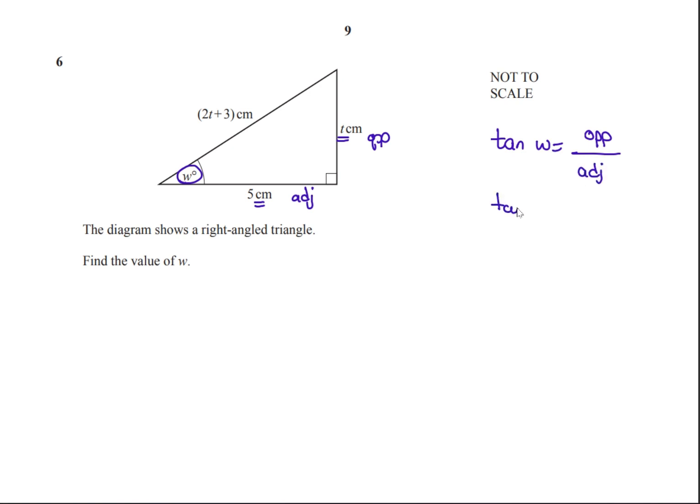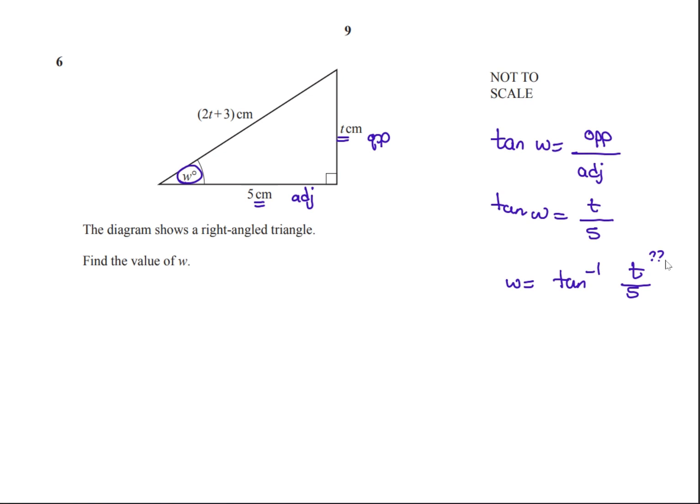That means tan W equals T over 5. So if I want W, it will be tan inverse of T over 5. But the problem here is that I don't have T. From where should I get T? I will use Pythagoras.